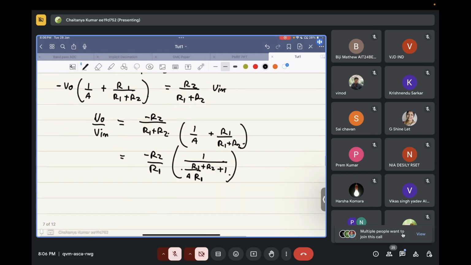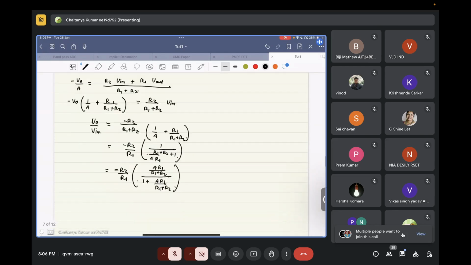Now this can also be written as, if I again reciprocate it, minus of R2 by R1 times A R1 upon R1 plus R2 divided by 1 plus A R1 upon R1 plus R2.